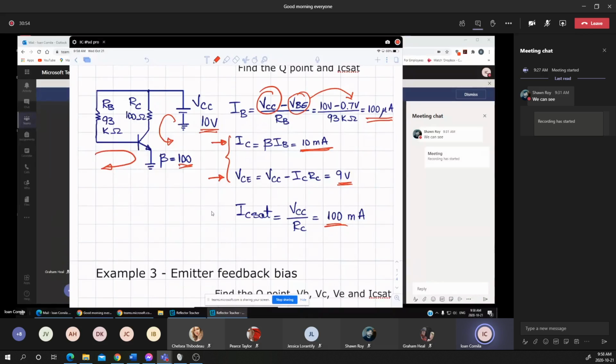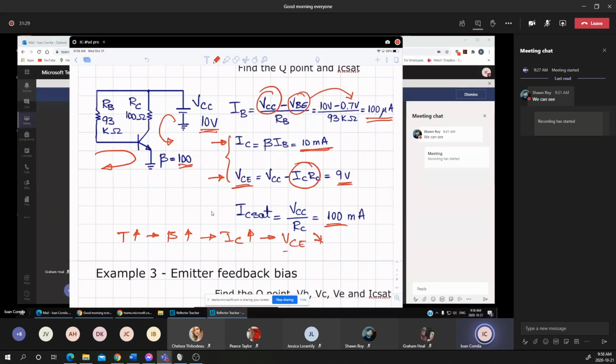What that means, and I put that in my notes, is that as the temperature is increasing, the electrons become more agitated, increasing the beta, which will increase the IC. As the IC is increased, you notice that in order to find the VCE, the IC is multiplied by RC, so IC increasing will cause the VCE to decrease.